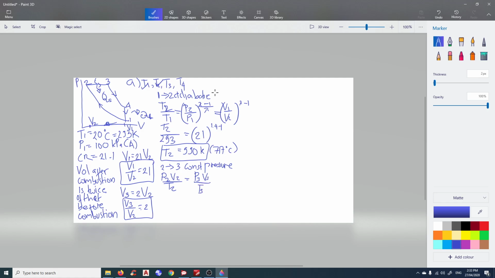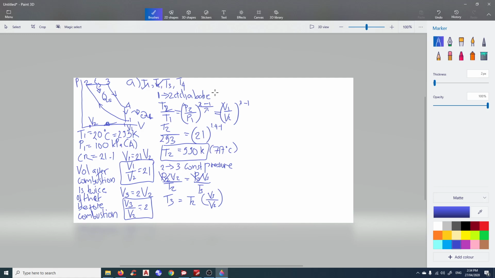Now this is constant pressure, meaning the pressure at 2 will be the same as the pressure at 3, so these two will cancel each other. We want to find T3, so T3 equals T2 multiplied by V3 over V2. I just move T3 to here, move T2 to the other side, and move V2 to the other side.